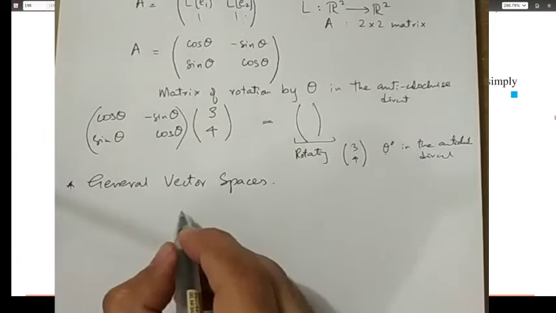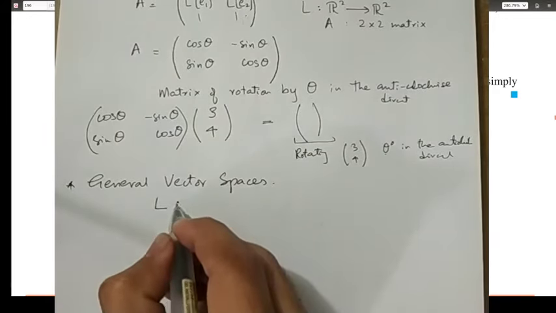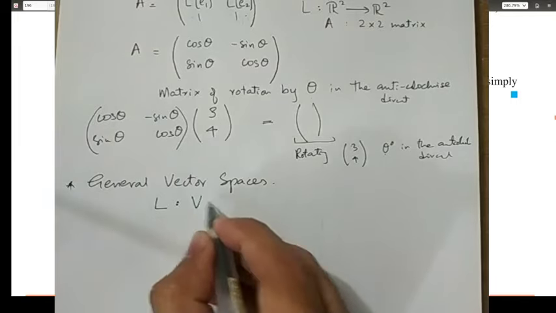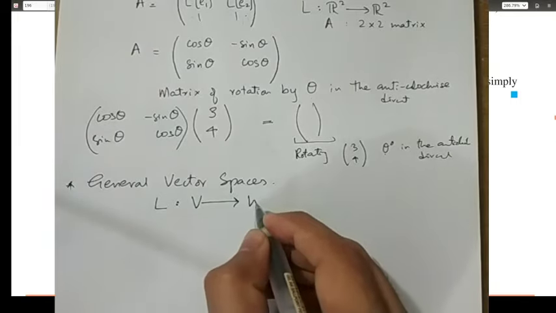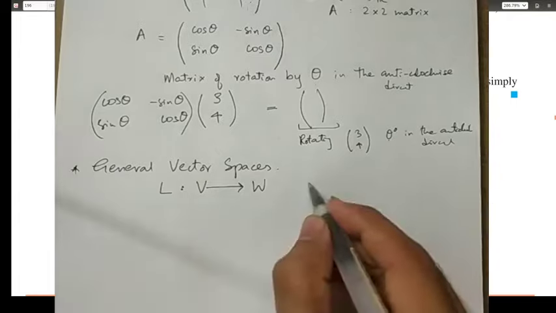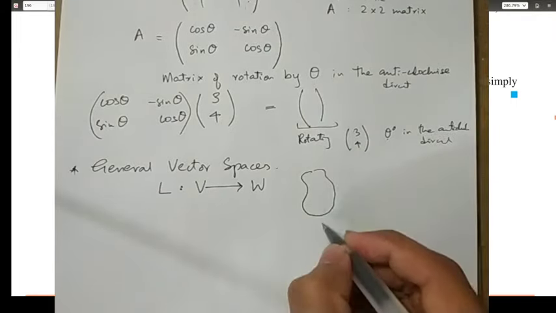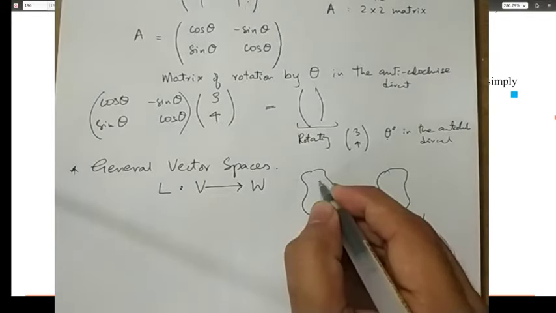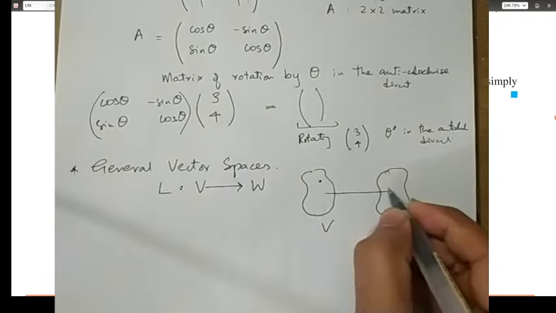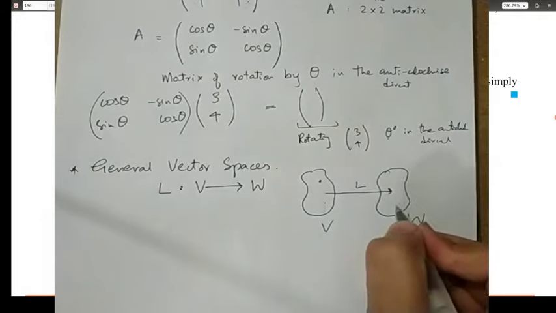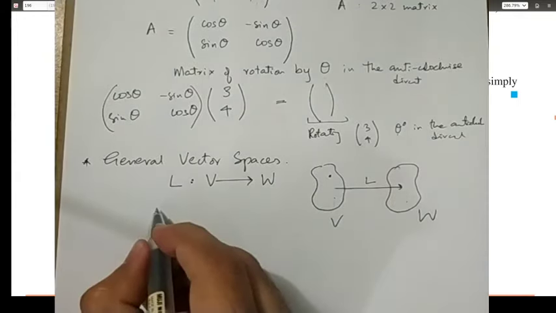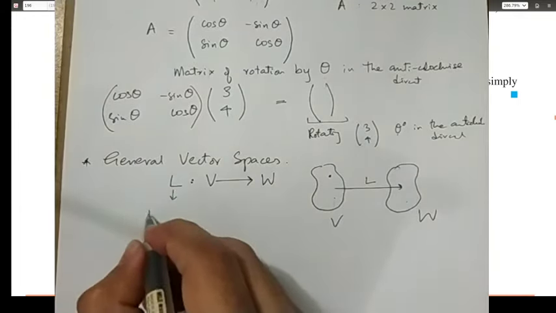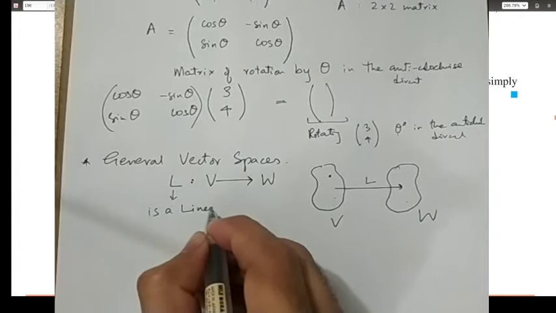So for example, V is any general vector space which is mapped onto a vector space W. Let's draw a diagram. This is vector space V, this is vector space W, and L is mapping vectors from this space into vectors of this space. The assumption is that L is a linear transformation.